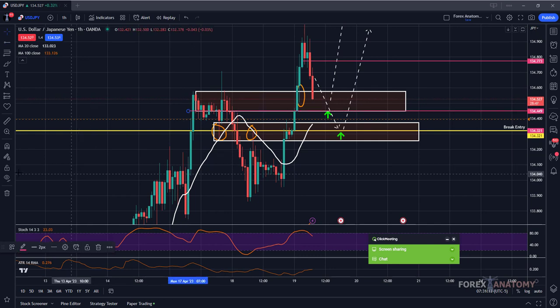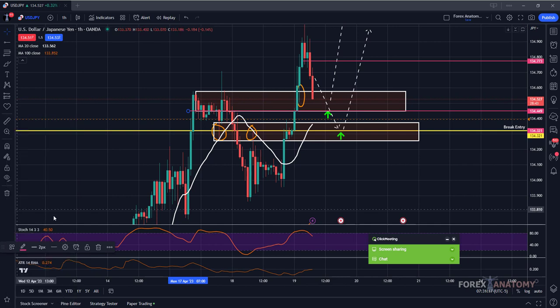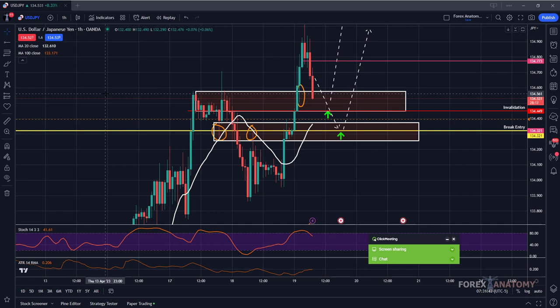This could be invalidation, but I think the better version of it would probably be where this hesitation candle is right around here, because price could still correct all the way down to here and then push up. But yeah, let's just see what happens. We're just going to see what happens over the next maybe hour or two, and we'll have a better idea of what price may want to do.